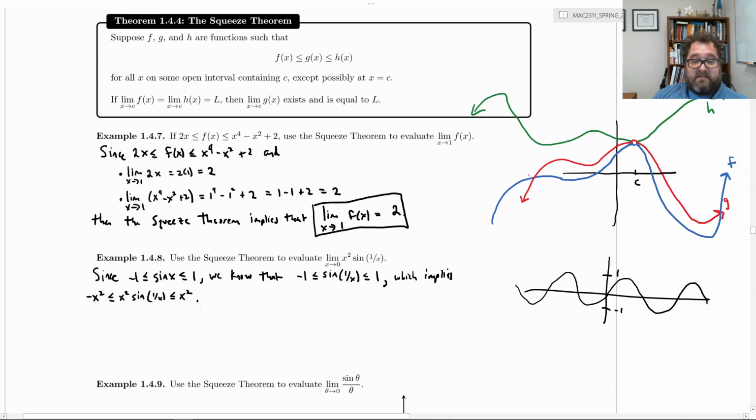So I'm going to replace that period with an "and". Okay, what's the limit? Here, I'll do a bullet list again. The limit as x approaches 0 of the left-hand function, negative x squared. Well, that's a monomial. You can evaluate with direct substitution.